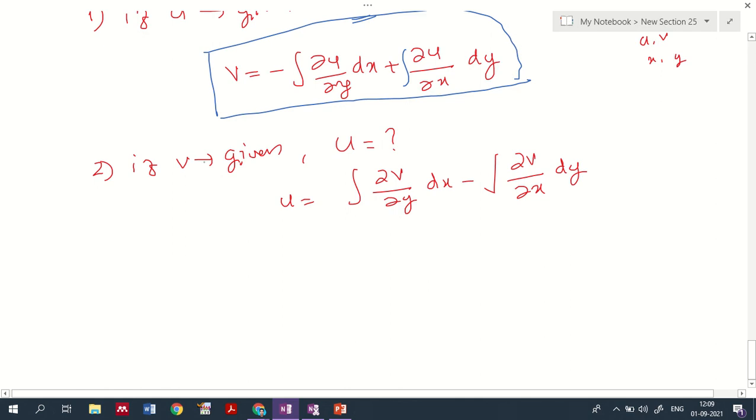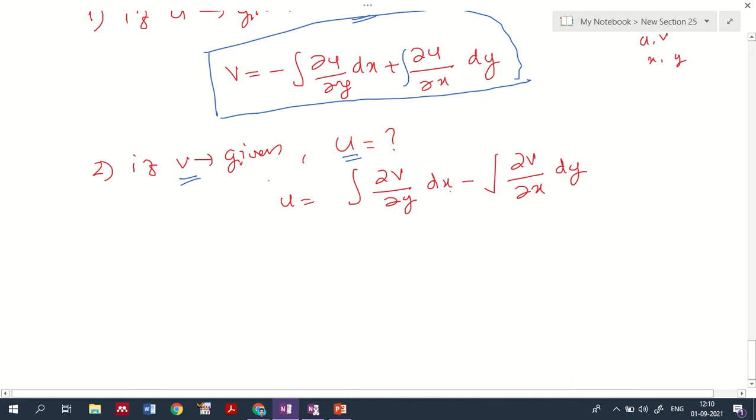Here v equals minus integral dou u by dou y dx plus dou u by dou x dy. And if the imaginary part is given, then to find the real part u, the equation is u equals integral dou v by dou y dx minus integral dou v by dou x dy.